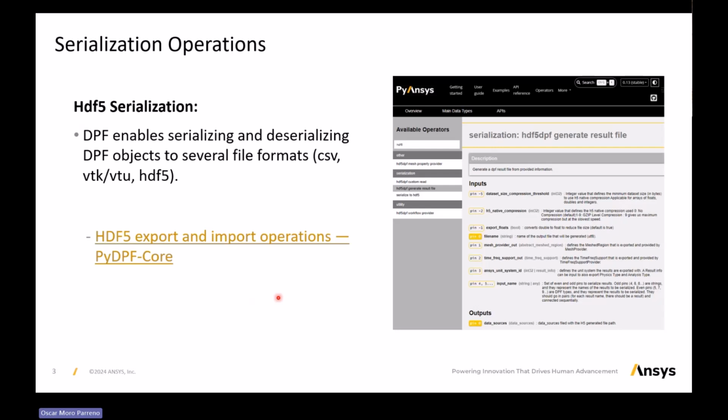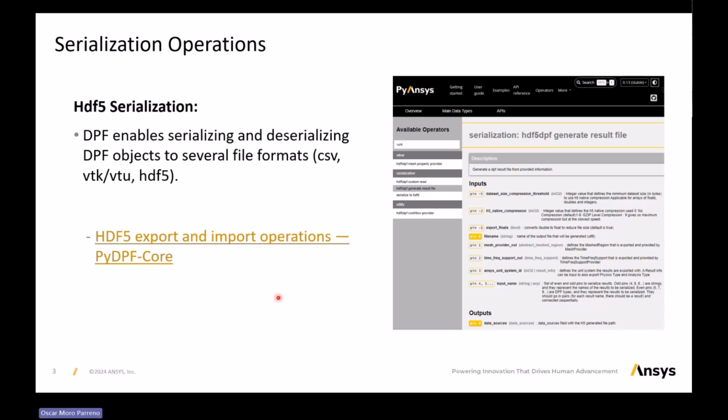But the idea here is to go a layer above that and provide capabilities to customers to go from current result files from our solvers, such as RST from Ansys, to HDF5 files that can be filtered and compressed through DPF.